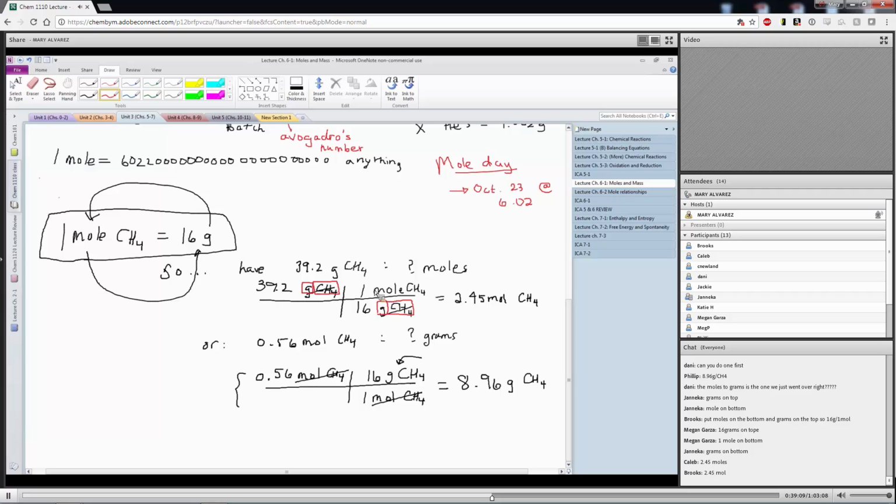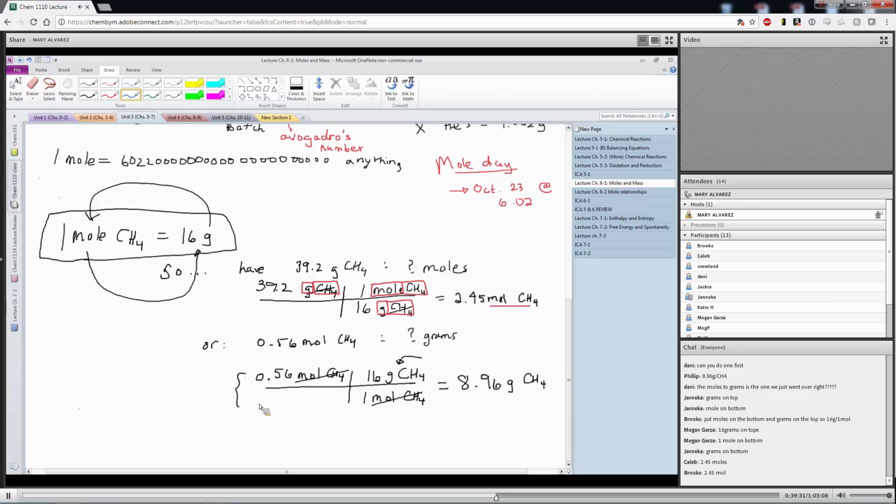Because grams of oxygen can't cancel out grams of CH4. But if we keep our number unit and our identity unit together, then we can be sure that we're going to get the right answer because we're following our units. Okay. Let's do just a few more and then we'll look at our in-class activity sheets.